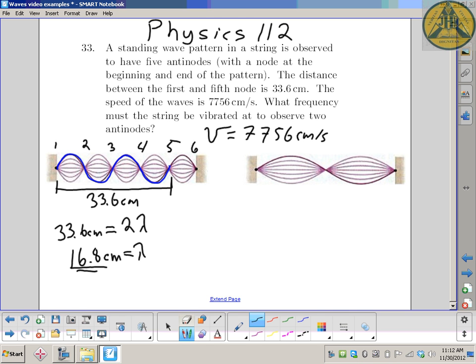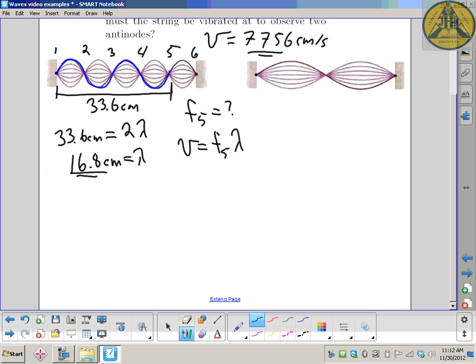So we have wavelength, we have velocity. With that information, I'm going to figure out the frequency to observe 5 antinodes. Wave speed equals frequency to observe 5 antinodes times the wavelength. Speed is 7,756 equals f5. Again, the 5 doesn't mean anything more than there's 5 antinodes in the full pattern.